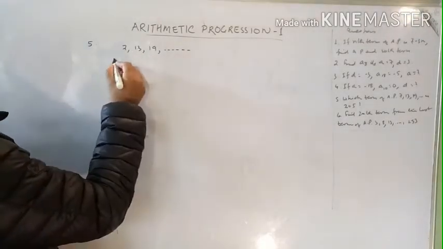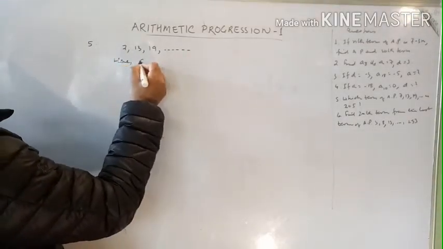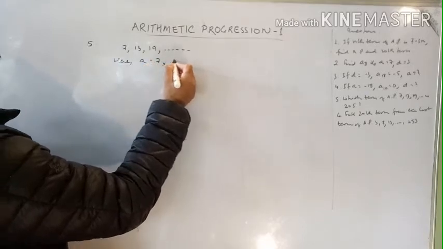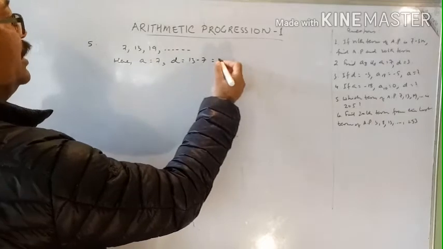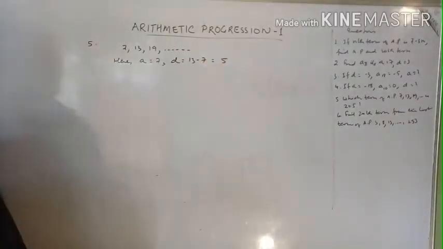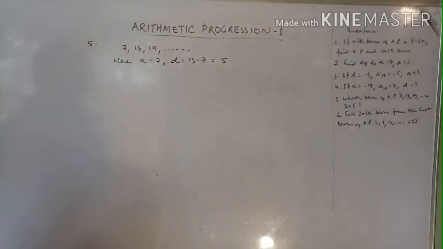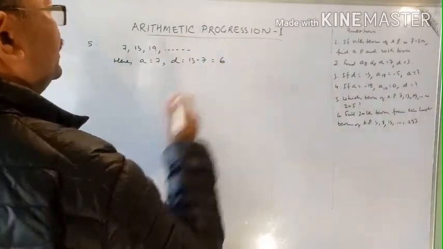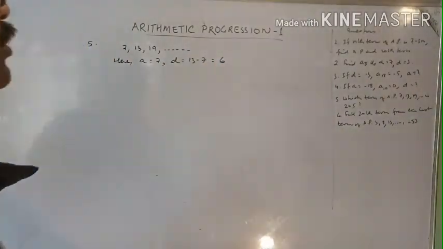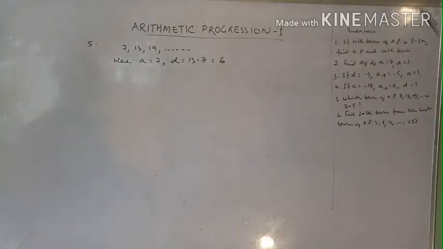So here the first term A is equal to 7 and the common difference is 13 minus 7, equal to 6.